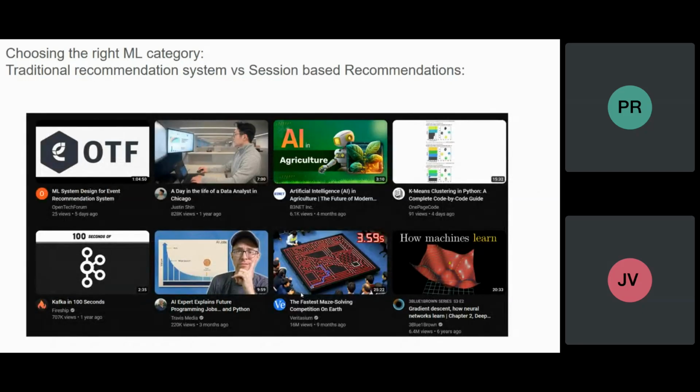Choosing the right ML category, which model or which ML category shall we go for. First we have the traditional recommendation system, and there are session based recommendation systems. Going to the traditional recommendation system, most recommendation systems work on understanding the user's long-term or generic interest, so it is based on the user's historical data.